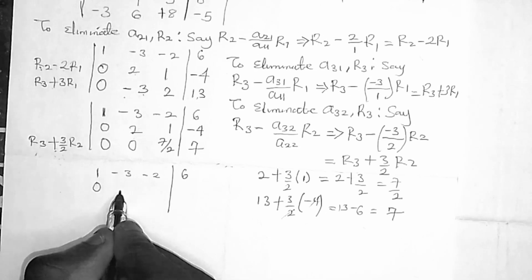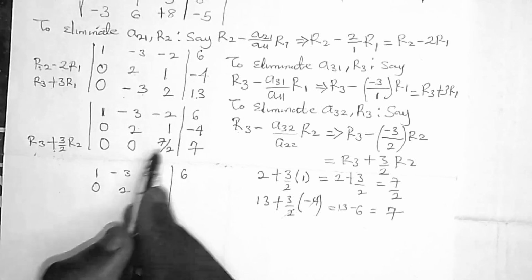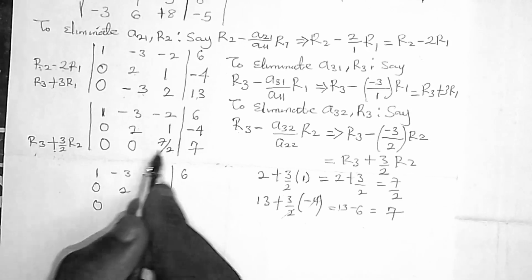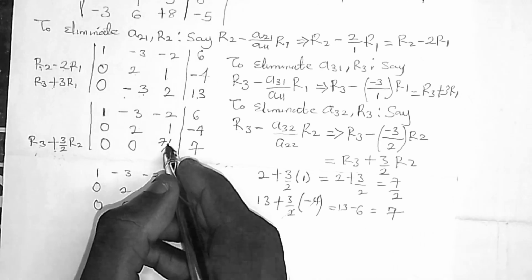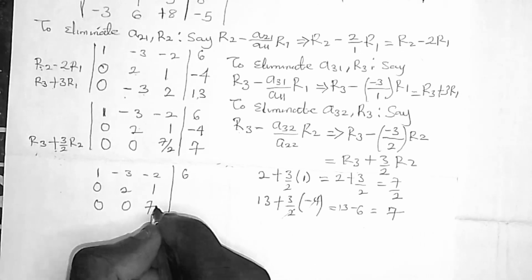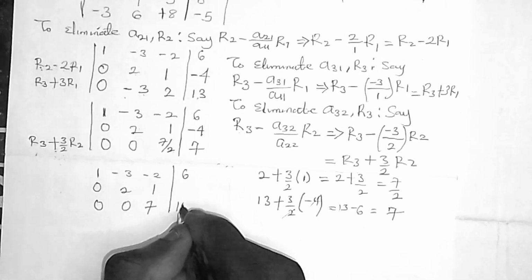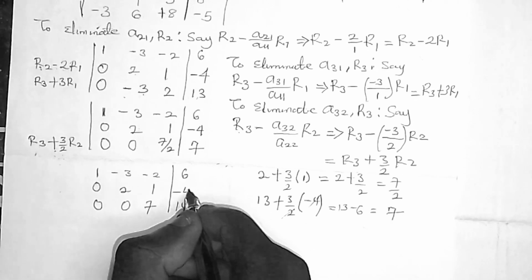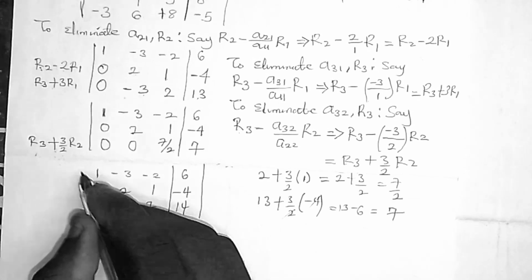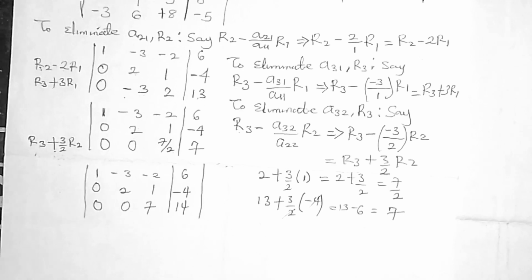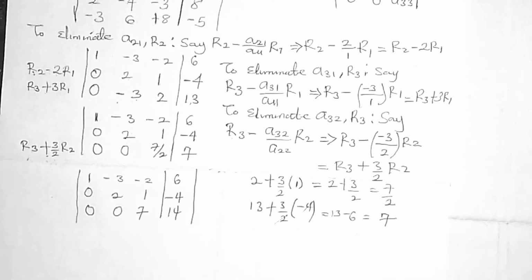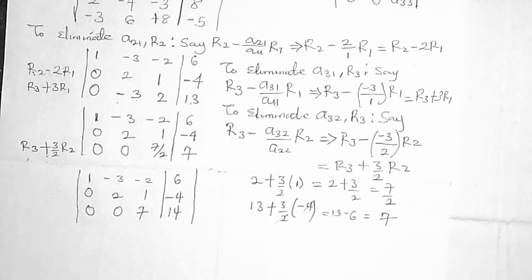You have 0, 2, 1. Now 2 multiplied by 0, 0. 7 over 2 multiplied by 2, 7. 7 multiplied by 2, 14. Don't forget minus 4 here. Now you can see that you have been able to get a perfect fit for your Gaussian elimination. So by so doing, you'll be able to apply Gaussian elimination.